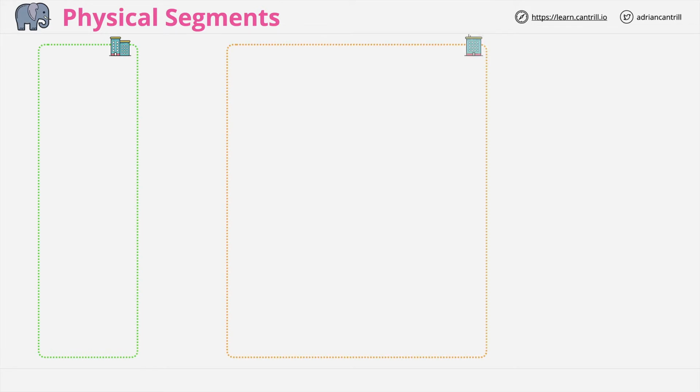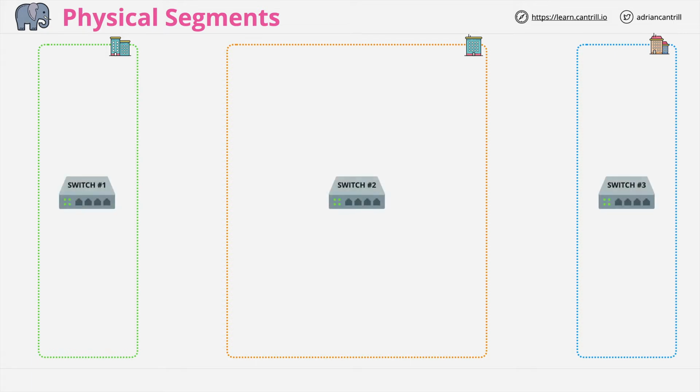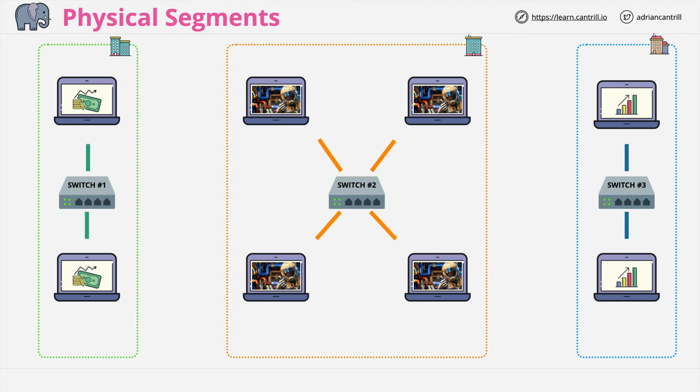Let's say that we took each of the 3 groups and split them into either different floors or even different buildings. On the left, finance, in the middle, game testers, and on the right, sales. Each of these buildings would then have its own switch, and the switches in those buildings would be connected to devices also in those buildings, which for now is all of the finance, all of the game tester, and all of the sales team's machines.